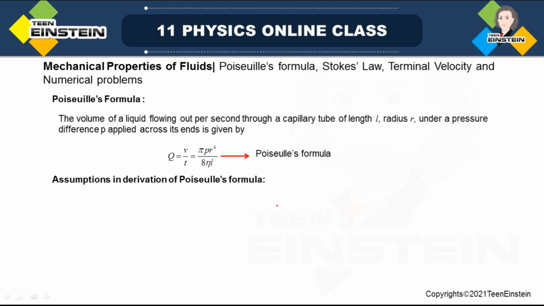Okay. To derive Poiseuille's formula, what Poiseuille thought is that the fluid flowing out per second through a capillary tube depends on the coefficient of viscosity. So Q is proportional to some power; we don't know what it is, so that's why he had taken eta to the power A. Then the flow depends on the radius of the tube also.